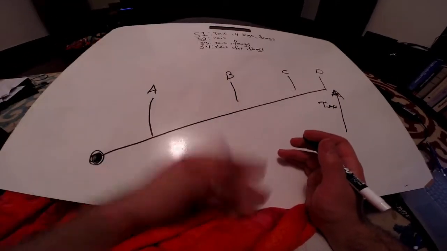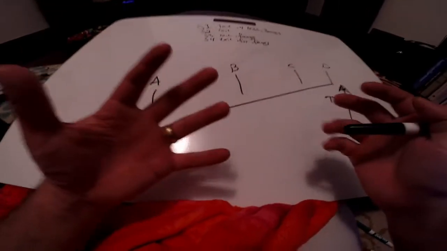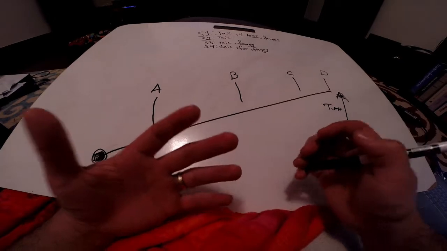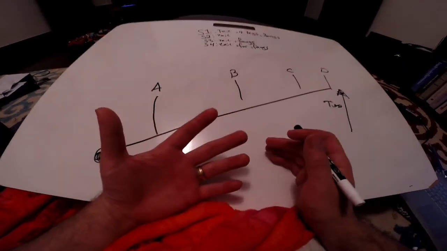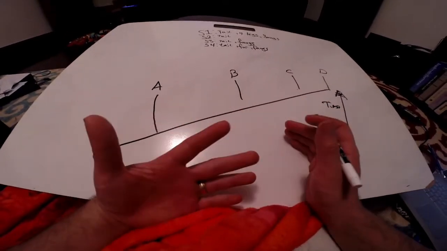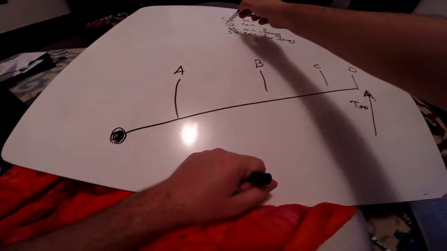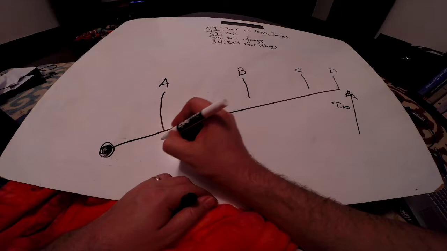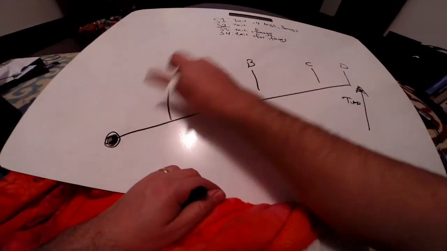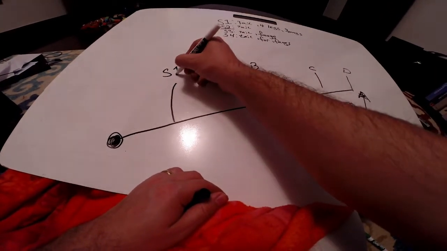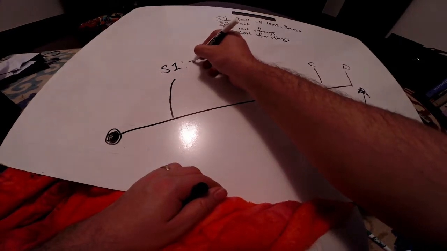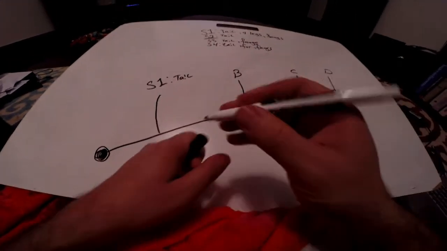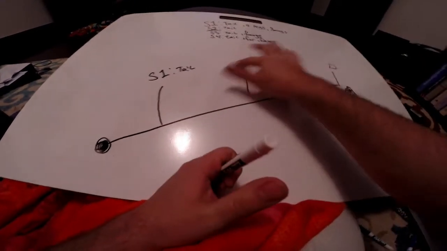So we already said those are your 4 species. Right now, which species has the least amount of traits, or is the simplest one? It's going to be species 2. Species 2 only has a tail. So we'll write that here. Species 2 is going to have only a tail.